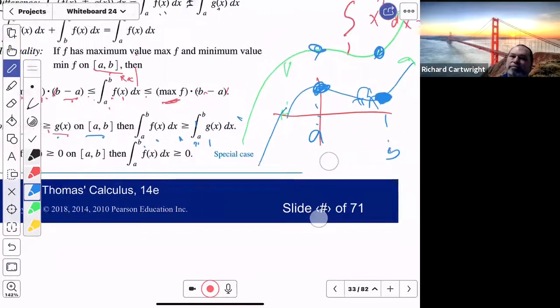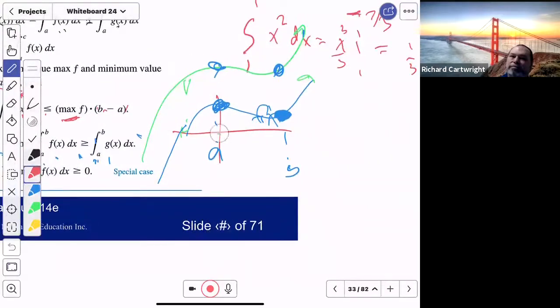Well, that makes sense. Look at it. Here's my area. Let me use the other pen so I can show it to you. Nice and beautiful area from a to b. That area has to be less than all that area.